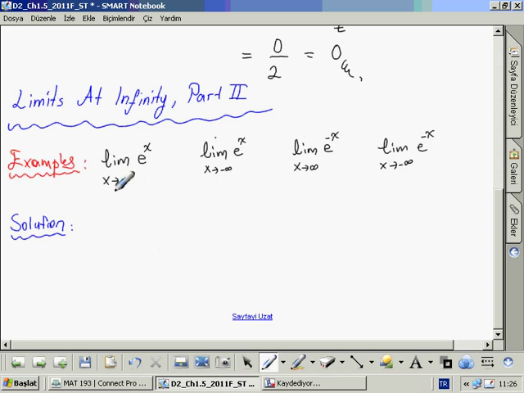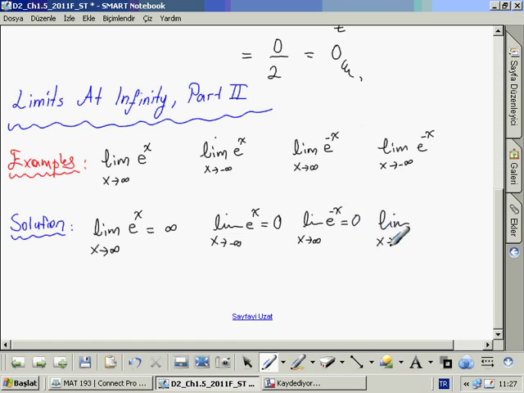The limit as x goes to infinity of e to the power of x is plus infinity. The limit as x goes to minus infinity of e to the power of x is 0. The limit as x goes to plus infinity of e to the power of minus x is 0, and the limit as x goes to minus infinity of e to the power of minus x is plus infinity.